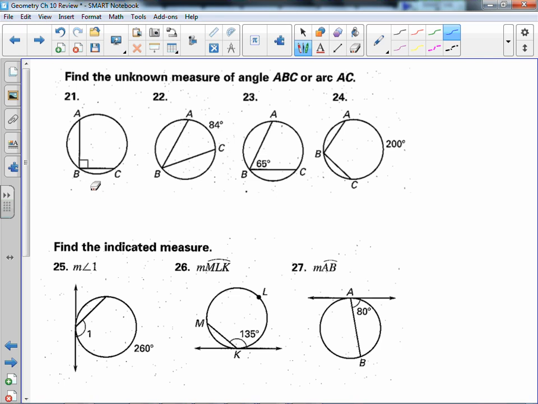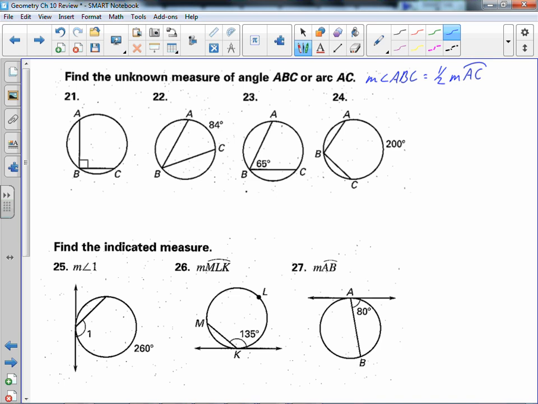So the measure of angle ABC should be equal to half the measure of arc AC. Or if you look at that in reverse, the arc is twice the size of the angle.